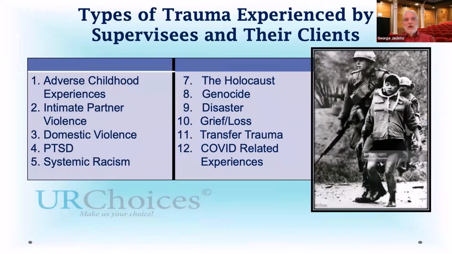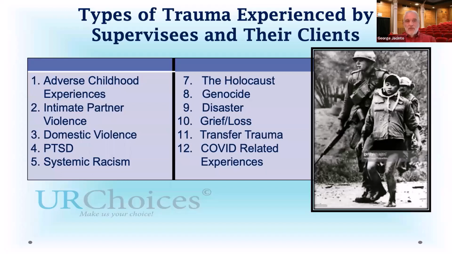Types of trauma experienced by our interns, or supervisees as we used to say, and their clients. Adverse childhood experience. That is a good instrument to review with your client if there's been some traumatic events in the past that they've talked about.